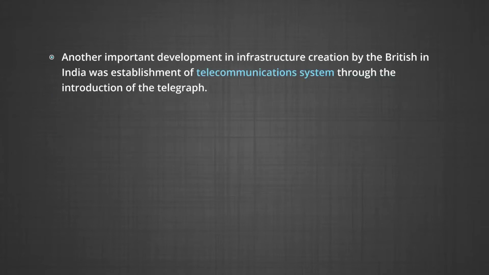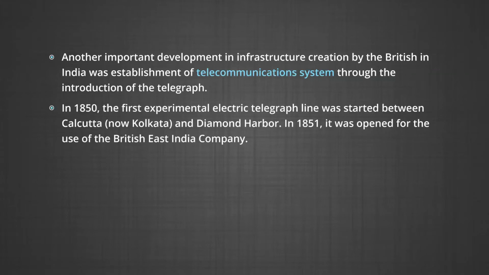Another important development in the infrastructure creation by the British in India was the establishment of telecommunication system through the introduction of the telegraph. In 1850, the first experimental electric telegraph line was started between Calcutta, now Kolkata, and Diamond Harbour.